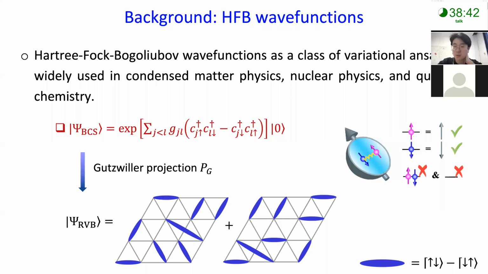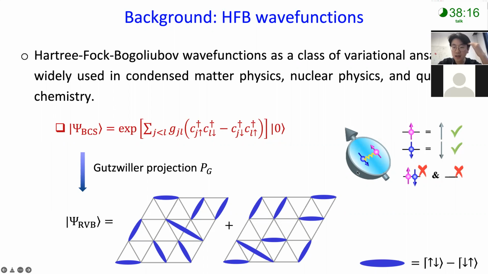Also, people have used this wave function a lot to understand unconventional physical phenomena in strongly correlated systems, such as high Tc. For example, based on the BCS wave function, people can restore the gauge fluctuation by applying the Gutzwiller projection to remove some local degrees of freedom. Here we use spin-half as a case.